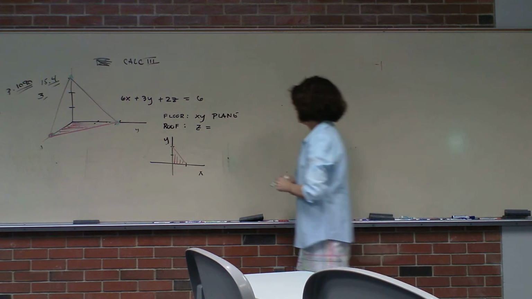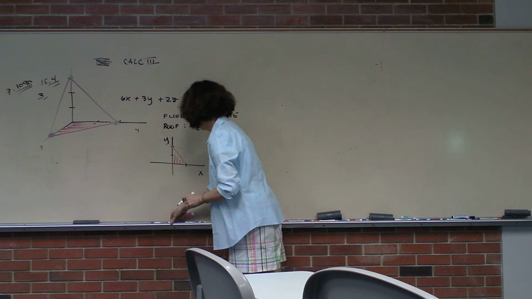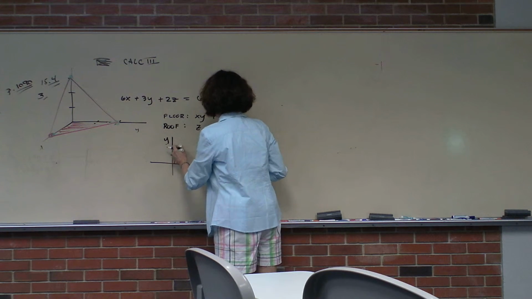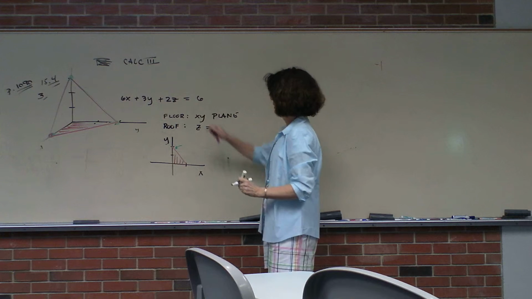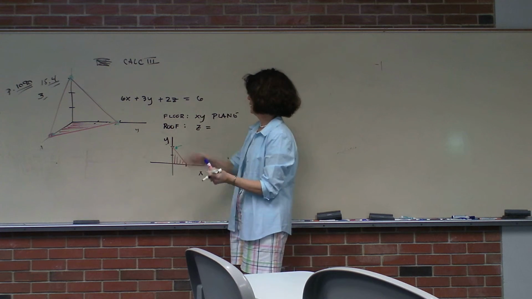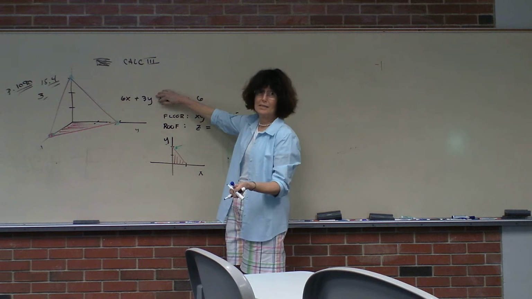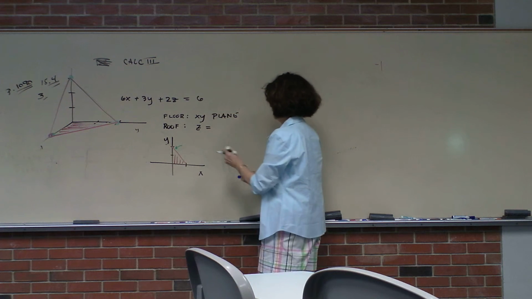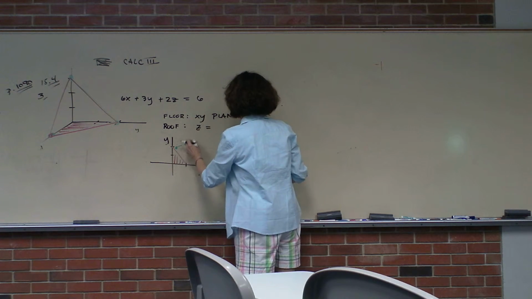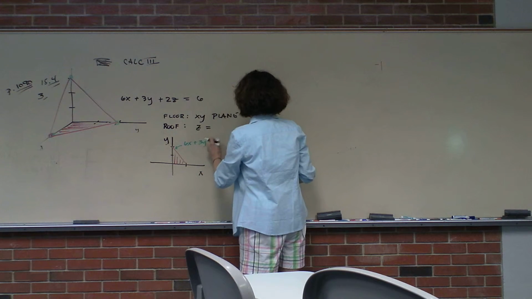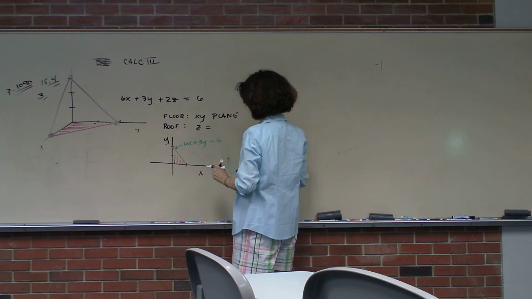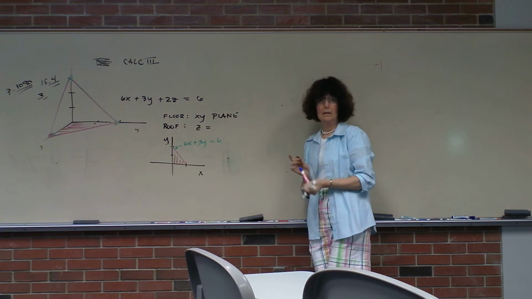Let's get an equation for this line. Is it clear that Z is equal to 0? Why don't we write it as 6x plus 3y equals 6? Put a 0 in for Z? Does that make sense?